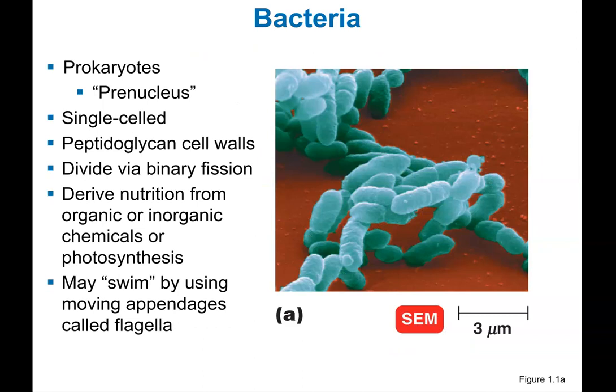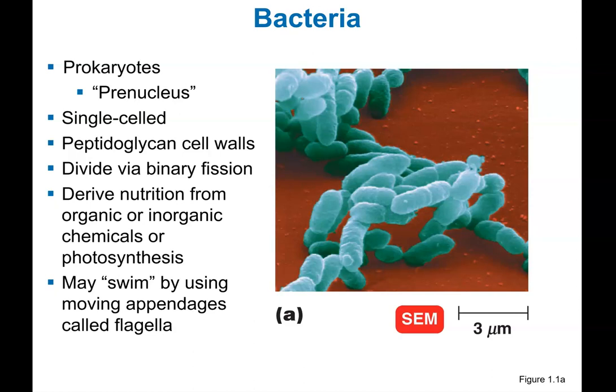So what are bacteria? Well, bacteria are prokaryotes, or prokaryotic cells. You've probably learned about prokaryotes and eukaryotes before, hopefully. Prokaryote really means pre-kernel, where the kernel is referring to a nucleus. So pre-nucleus. They do not have a nucleus.